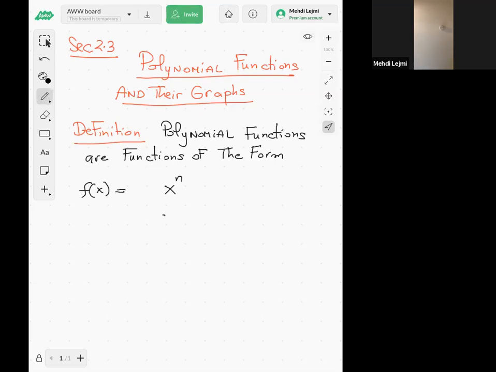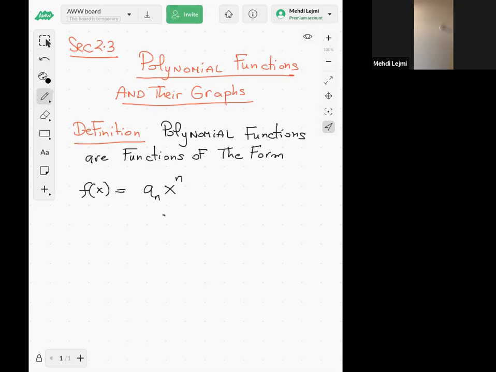So x to the power n, and in front of x to the power n there is a coefficient, and let's denote such a coefficient by a subscript n. So a subscript n is the coefficient in front of x to the power n. For example, n could be any positive whole number, for example x to the power 4 or x to the power 5, etc.